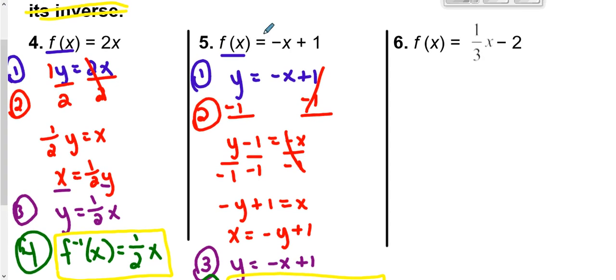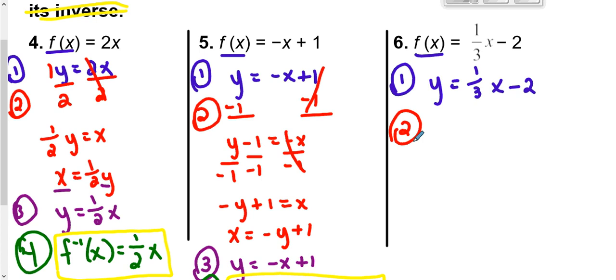All right, so number 6. Step 1, change f of x to y, so y equals 1/3 x minus 2. Step 2, solve for x. So we are going to add 2 to both sides. They cancel on the right, and I get y plus 2 equals 1/3 x.